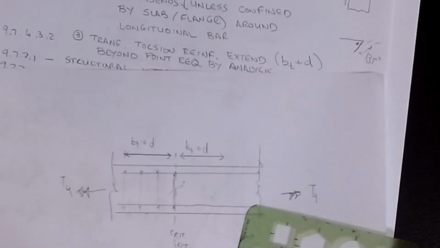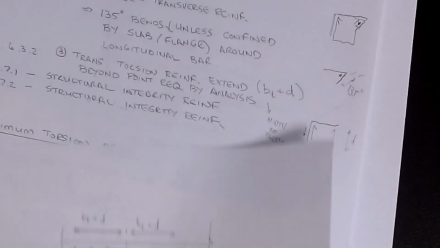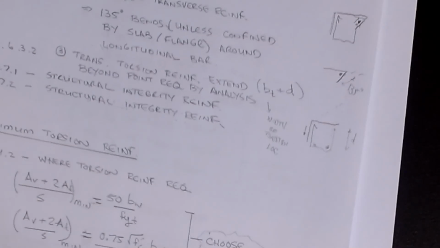Okay, now, there are some other details that aren't torsion specific that I'm going to point out that make this a little bit of a challenge, getting those longitudinal bars anchored, because remember, we need to consider longitudinal bars as well as transverse in our torsion analysis. All right, so if I flip over to 9.7 on this, okay, where'd it go, 9.7?